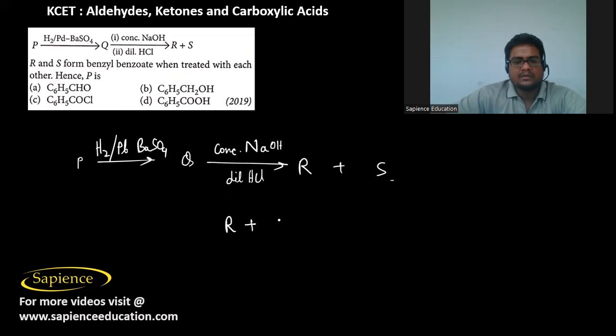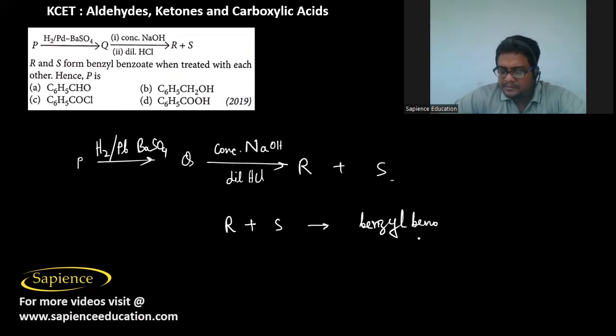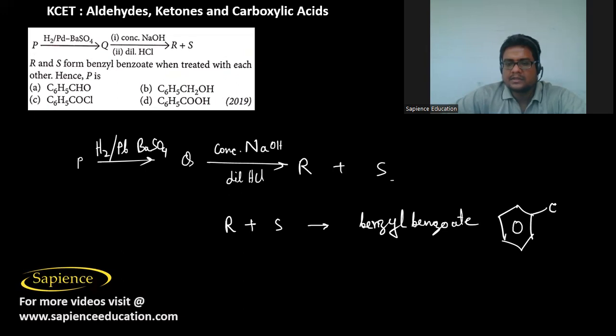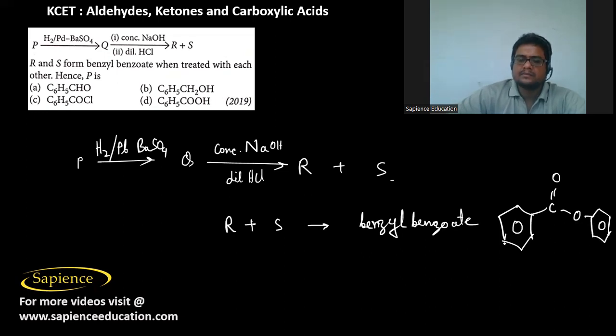So here R will react with S to form benzyl benzoate, which is like this. It is called benzyl benzoate, which will be formed.